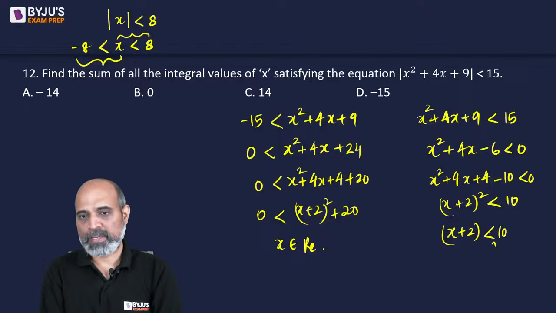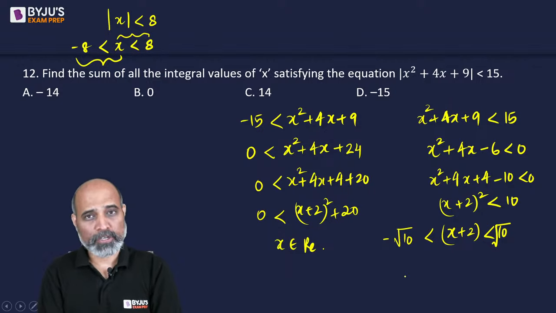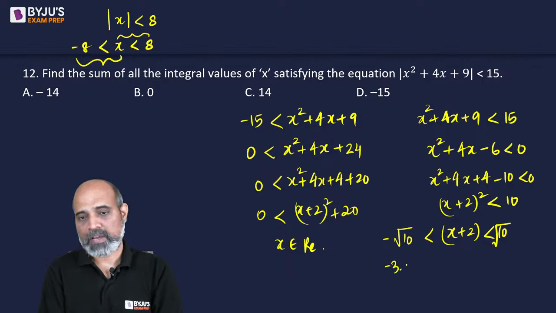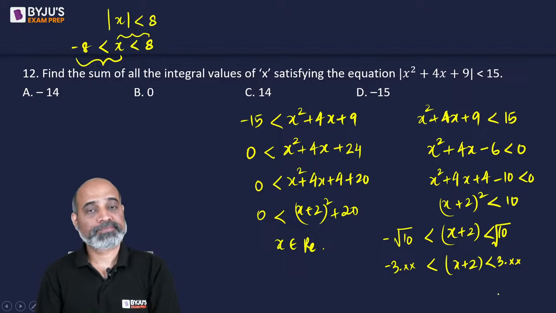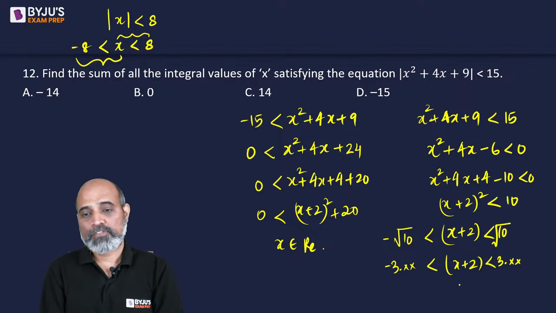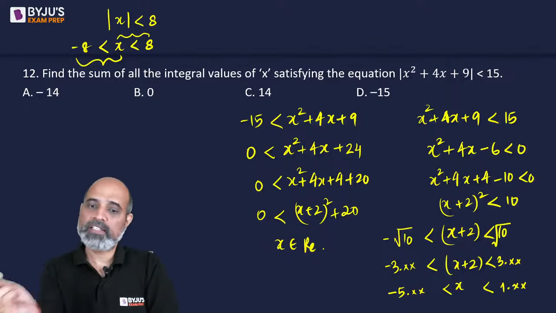So it will be less than root 10 and greater than minus root 10. Now root 10 is 3 point something, right? So this is minus 3 point something, and this is going to be x plus 2 less than 3 point something, right? From here we will have x is greater than minus 5 point something and will be less than 1 point something if I take 2 to the either side.